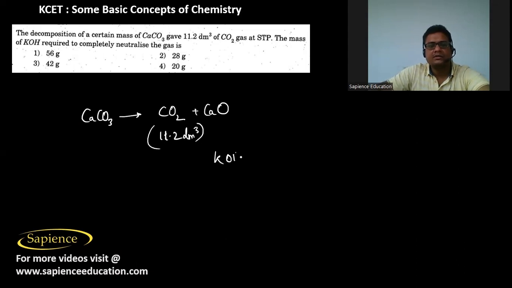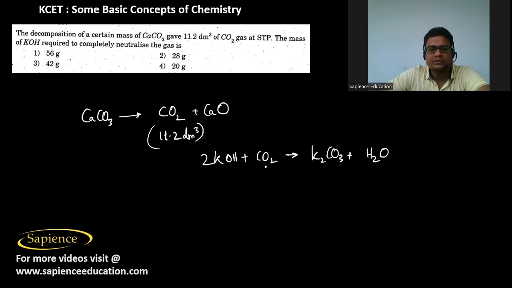So now KOH will react with CO2: 2 KOH plus CO2 forms K2CO3 plus H2O.